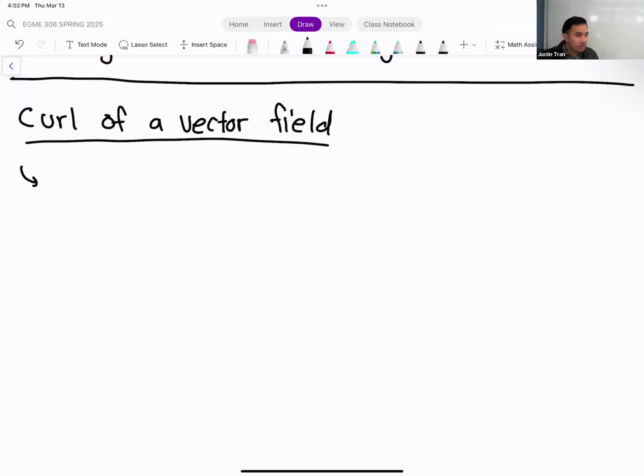Okay. So to motivate the curl, let's talk about what a vector field represents again. So let's review that. So a vector field is basically a function where at every physical point in space, we have assigned a vector value.